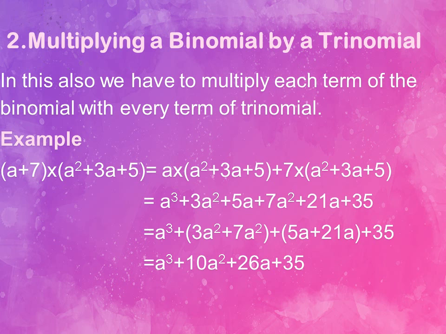Next, a cube plus 3a square and 7a square are like terms having the same variable factors, so we combine them, and then 5a plus 21a are also like terms, so we combine them too, plus 35. Then it is equal to a cube plus 10a square plus 26a plus 35. This is the answer of this example.